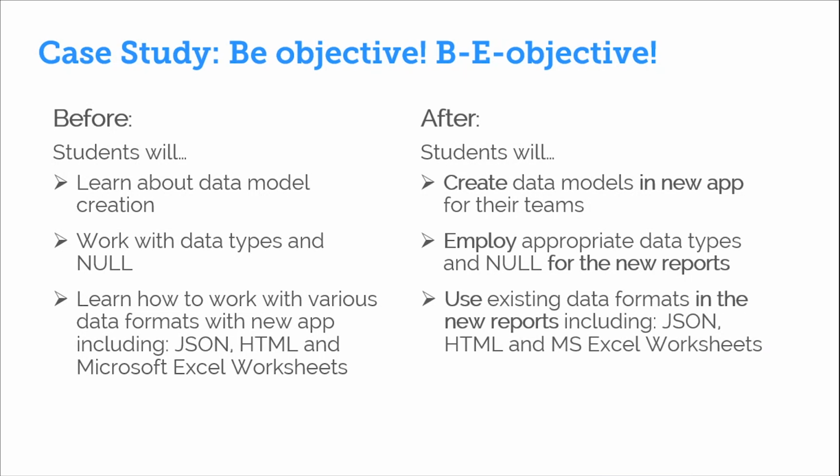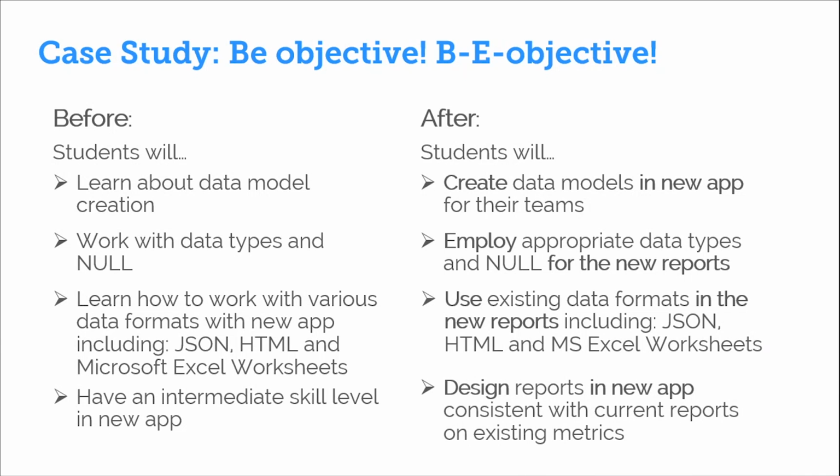Not bad, but better would be: use existing data formats in the new reports, including JSON, HTML, and MS Excel worksheets. Finally, have an intermediate skill level in the new app. Better would be: design reports in the new app consistent with the current reports on existing metrics.